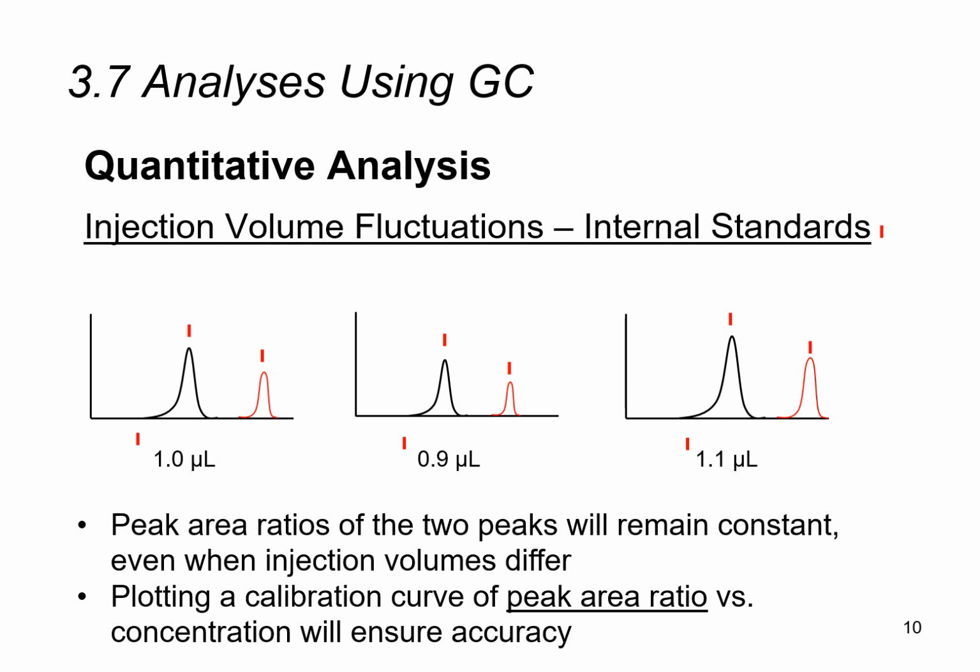So if I take the area of the black peak divided by the area of the red peak to get a peak area ratio, and I plot that against concentration, then that does not change despite the fluctuations in injection volumes.